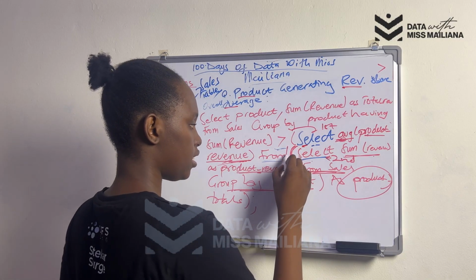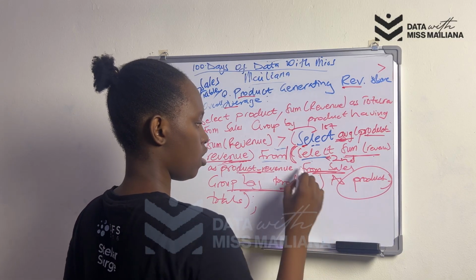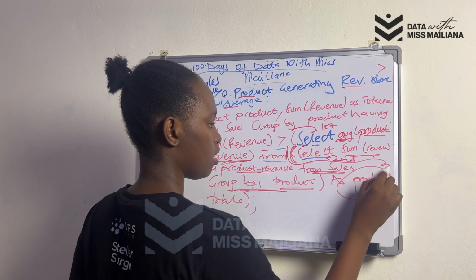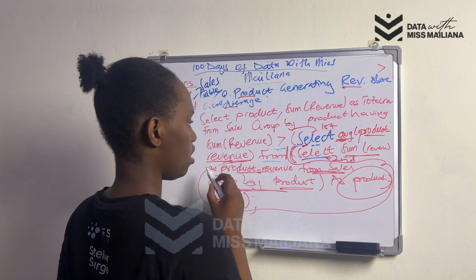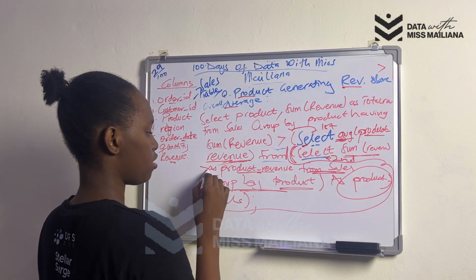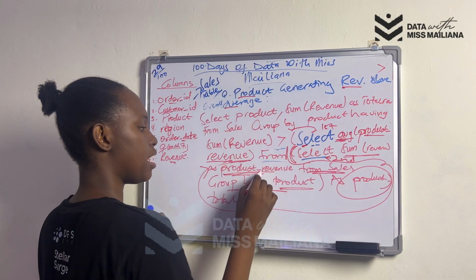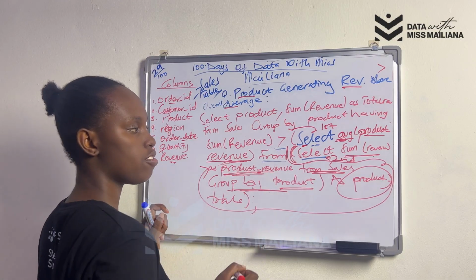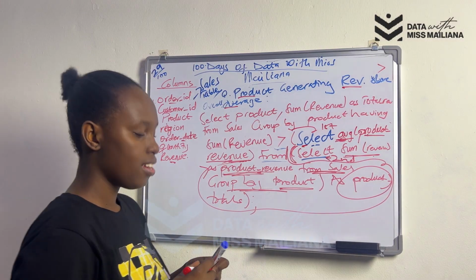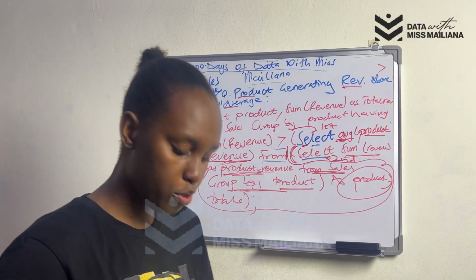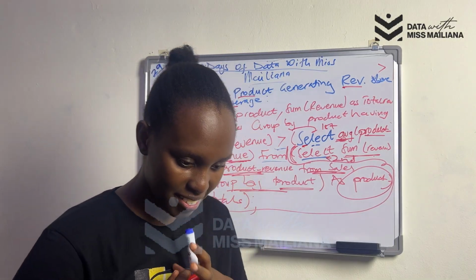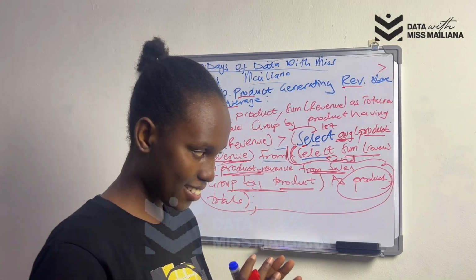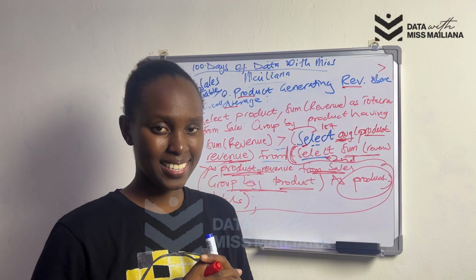So all this is for us to know what the product underscore revenue is all about. Don't worry if you don't understand to this point, just go with what you understand and take it one at a time.